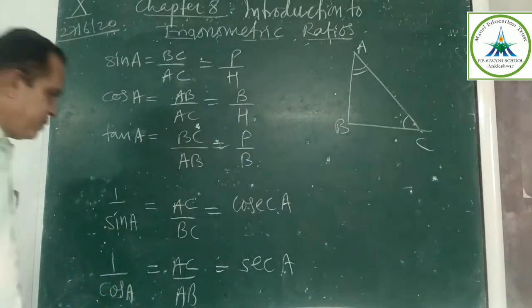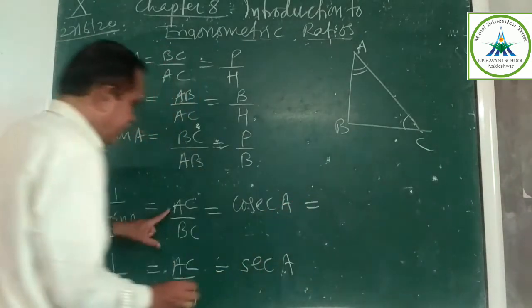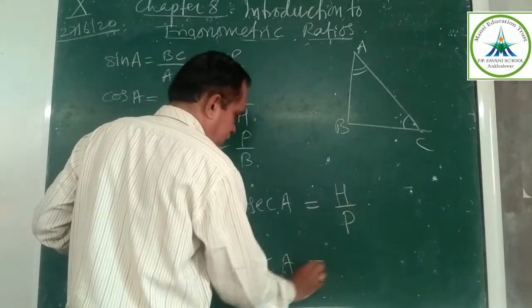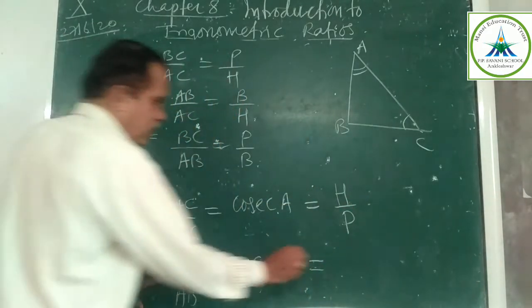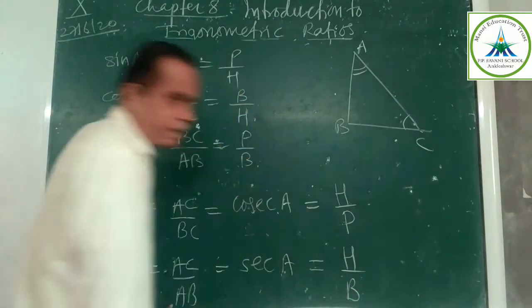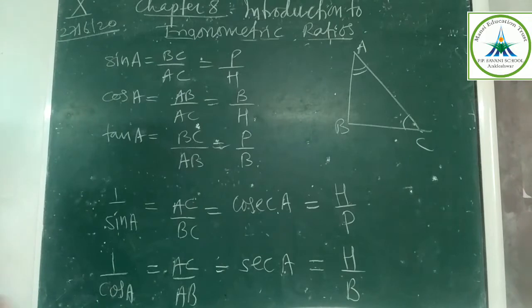Got it now? Sec A means what now? See students, now you can write. AC is what? Hypotenuse upon AB, base. Reciprocals, right? And the third one I said tan.